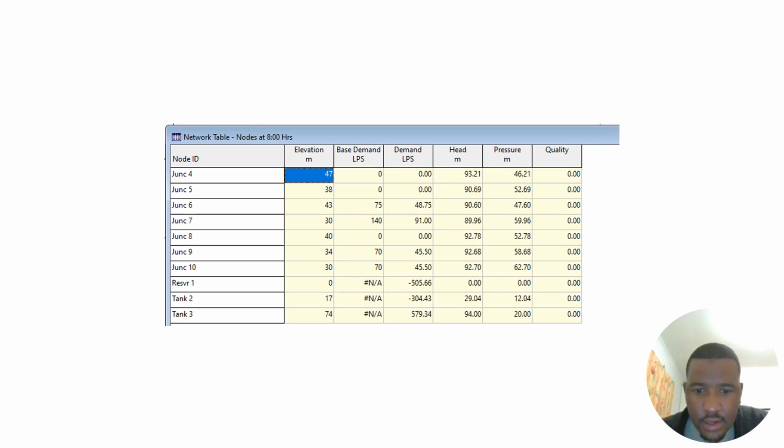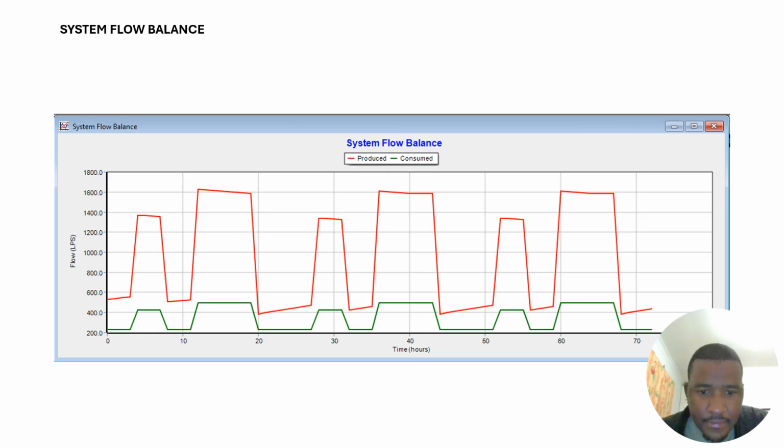Then that's where you come to your system flow balance. After adding all that information and having a successful run, you get this graph. The red line is the water which is produced, and the green line is the consumed. As you know, when you're designing something, you must always have more produced than what is consumed, so you can have water running at all times.